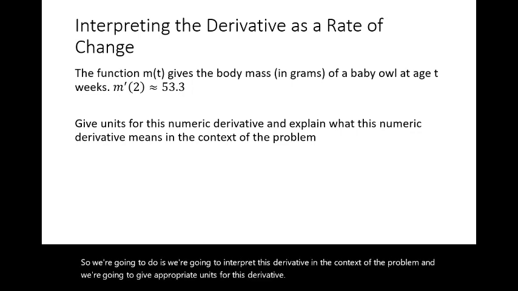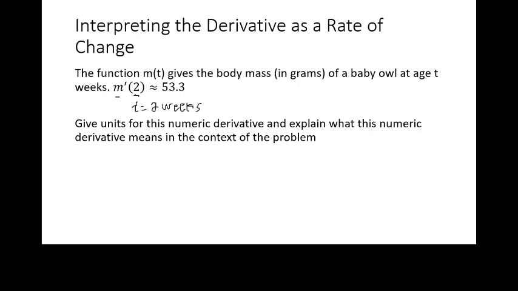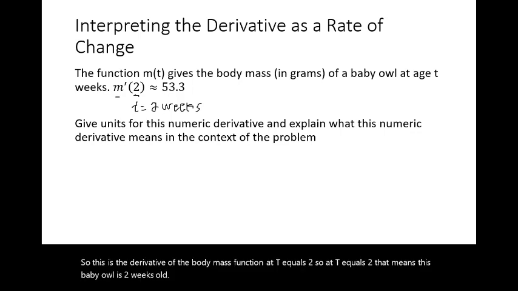So this is the derivative of the body mass function at t equals 2. So at t equals 2, that means this baby owl is 2 weeks old. And this 53.3 is clearly a positive number. Remember that when the derivative is positive, that means the function itself is increasing.